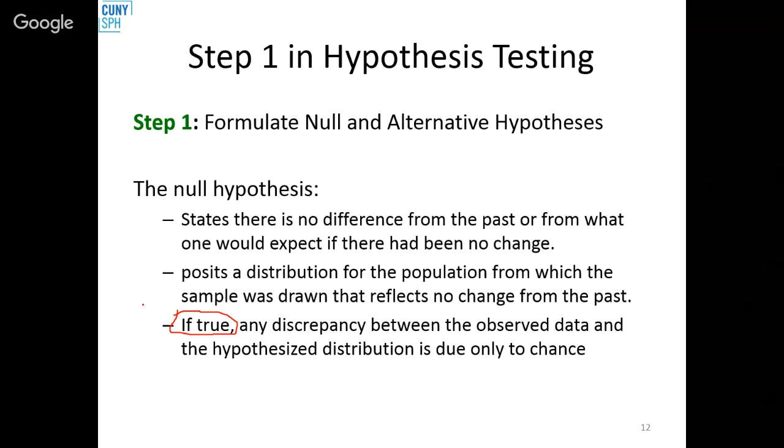And this is not just for the hypothesis testing that we're doing in this class, but all hypothesis testing. Every statistical hypothesis test you will ever learn is based on this idea that you assume that your null hypothesis is true, and then calculate under that assumption the probability of what you observed, or something more extreme than what you observed.